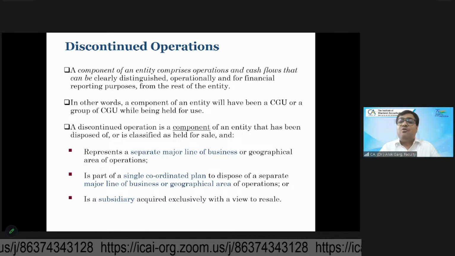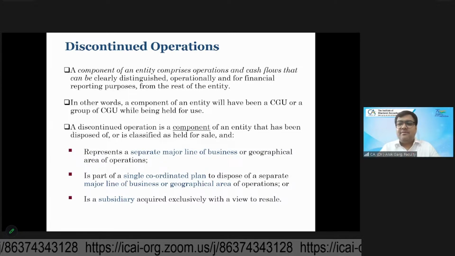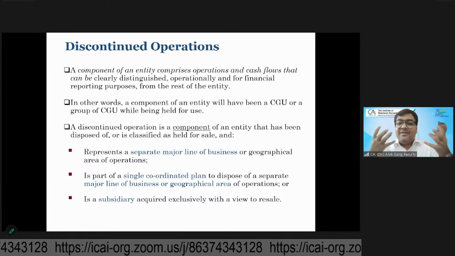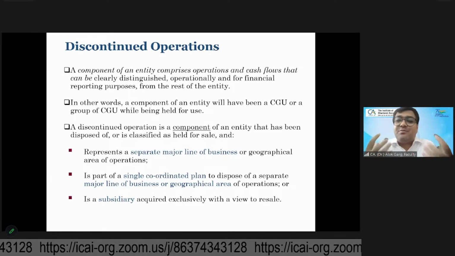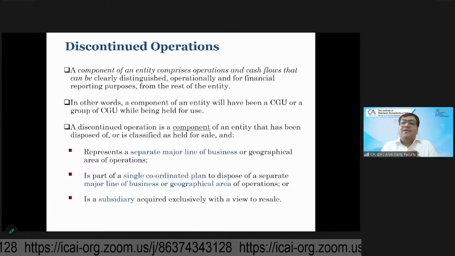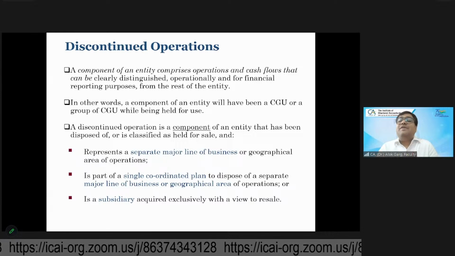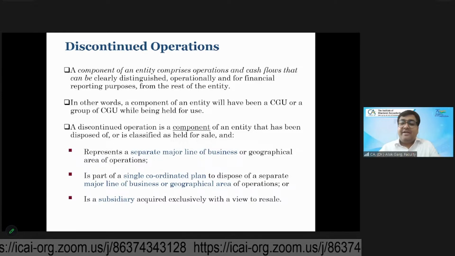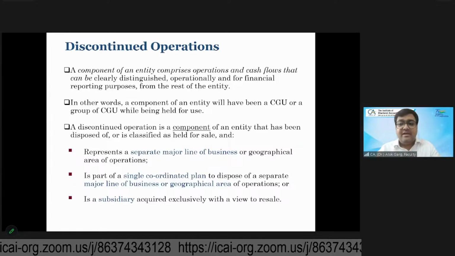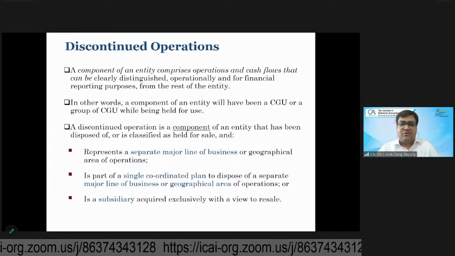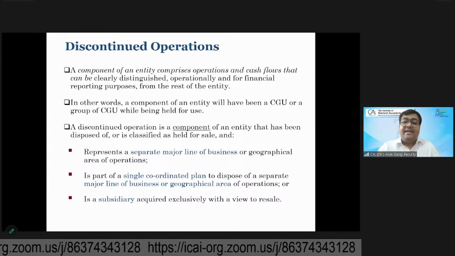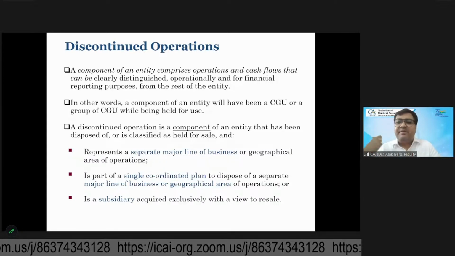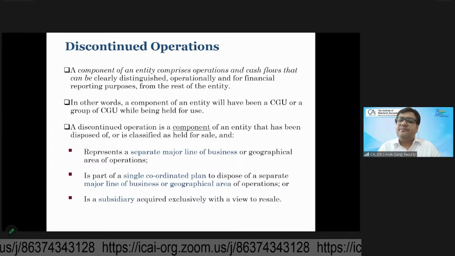So when I decide to sell my assets, although this is a discontinued operation, this discontinued operation is a disposal group held for sale as well. So I have to do the accounting of a disposal group held for sale, where I need to compute the carrying value on the date of classification as held for sale. I need to compute the fair value less cost to sell, right? And then I need to measure at the lower, and then I need to charge impairment loss. Okay.